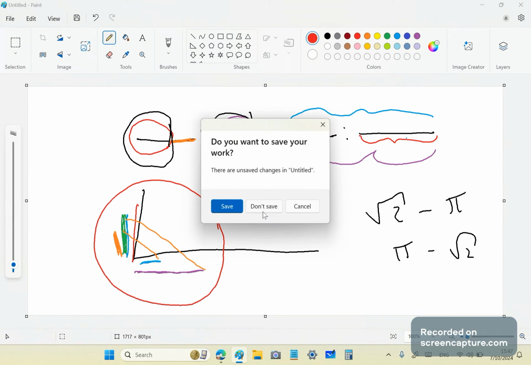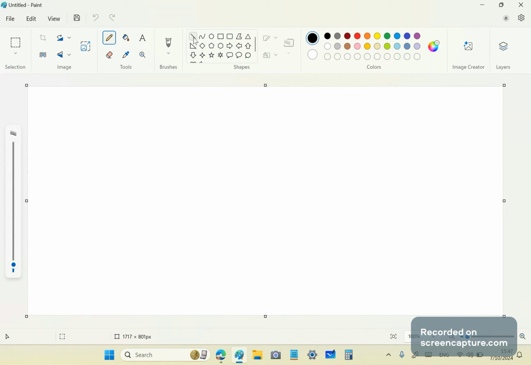So, first of all, I said we have two ratios, right? Let's do that again. Here's one, and then here's another one, like that.